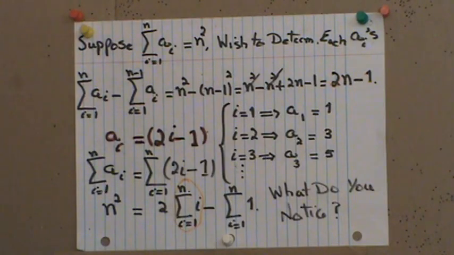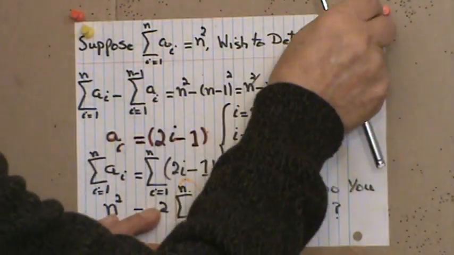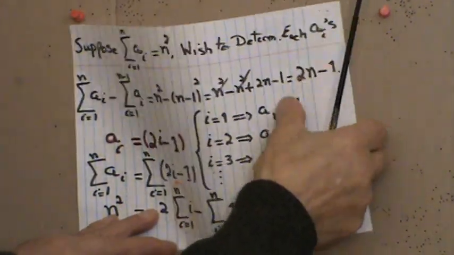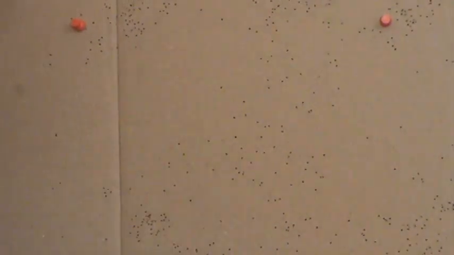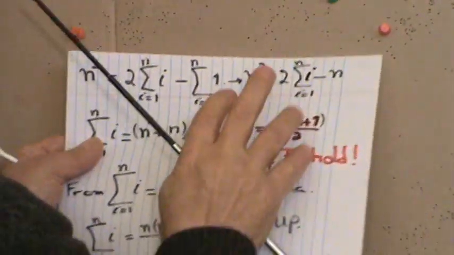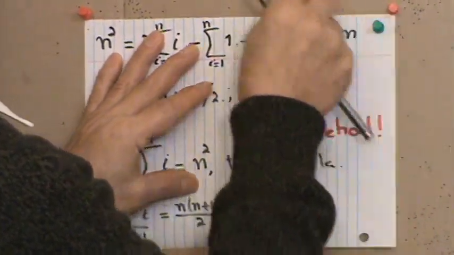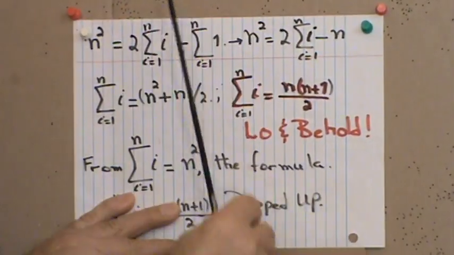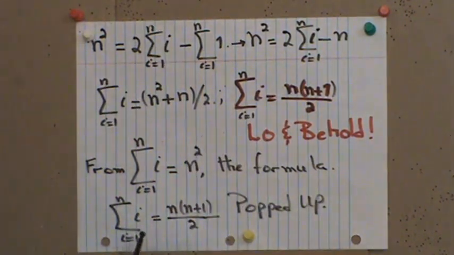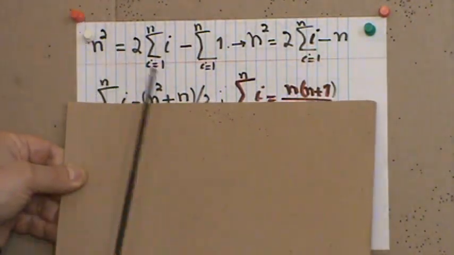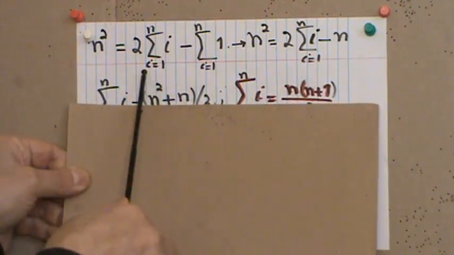Okay, now let me go to the last of the review, then we can start the next one. Let me also cover this one. I just distributed, very simple arithmetic.